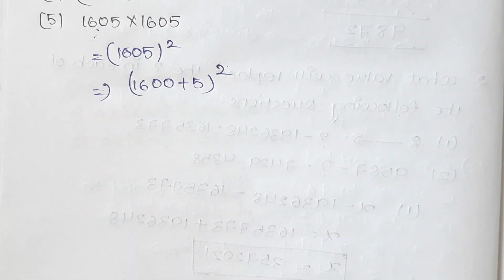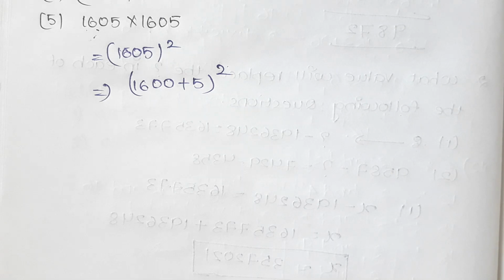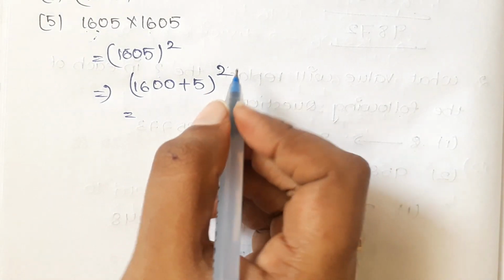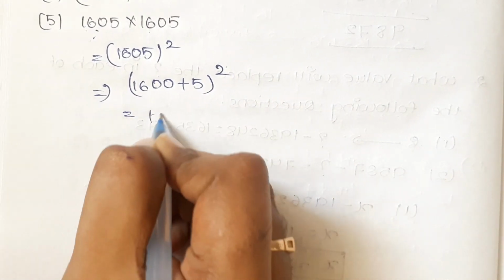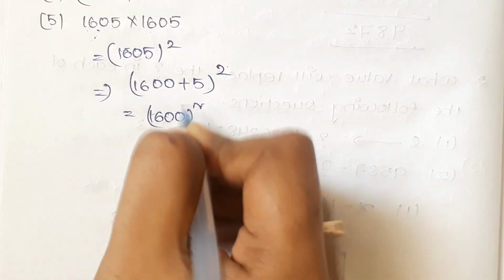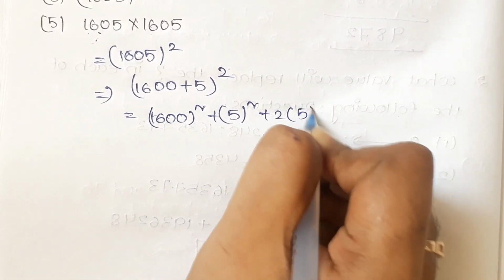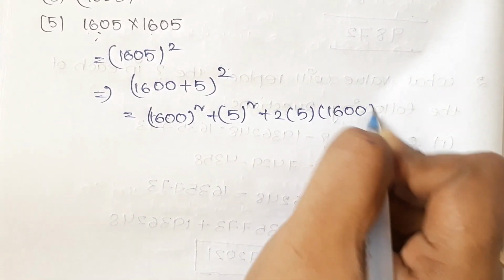Any given problem can be solved easily and fast by using some tricks. Here it is in the form of A plus B whole square, which is nothing but A square plus B square plus 2AB. By using that formula we can solve this.